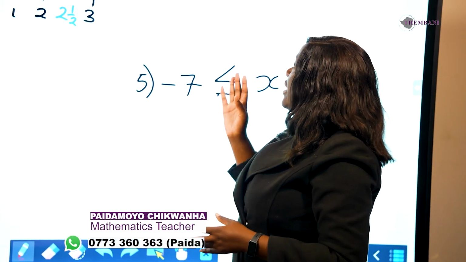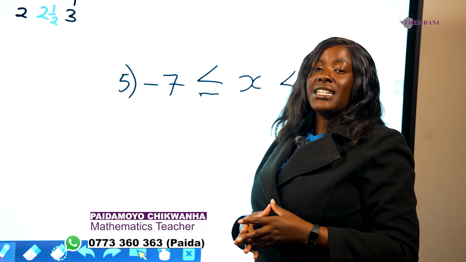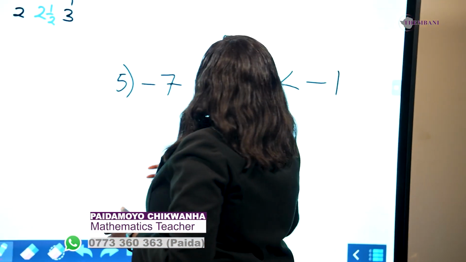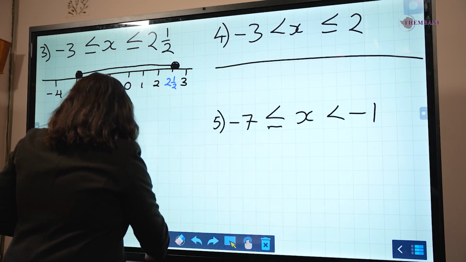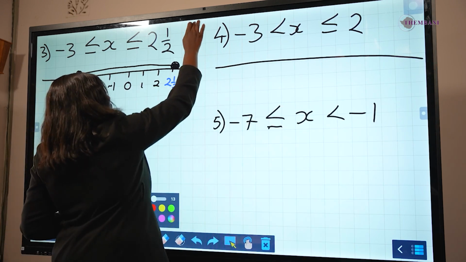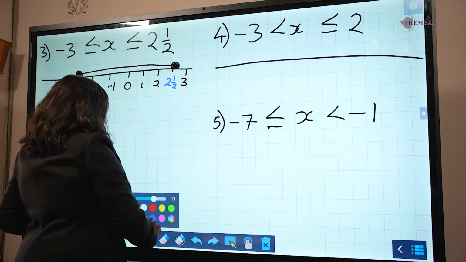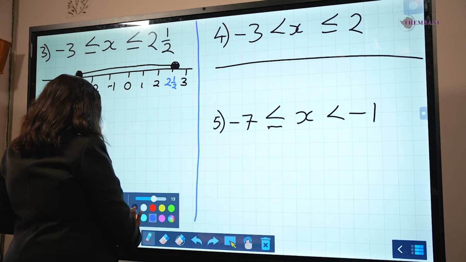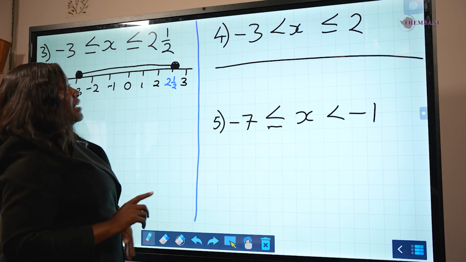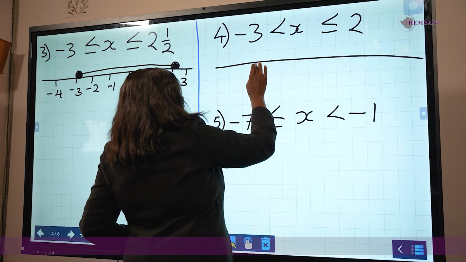I'm going to do again these two questions, representing them on a number line. So the first thing is writing. Let me divide the board. Okay? So my focus numbers, -3, I need a -3.